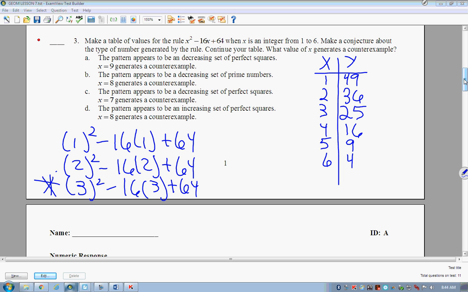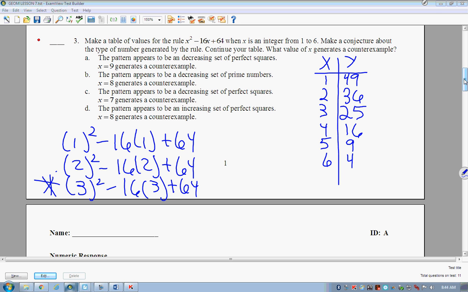Not subtracting 7. Do you notice anything about 49, 36, 25, 16, 9, and 4? What is true about those numbers? They're perfect squares. And so what we have is a descending value of perfect squares, right?